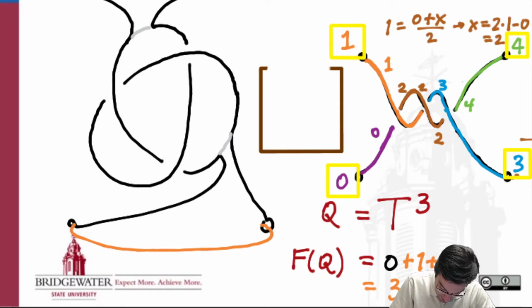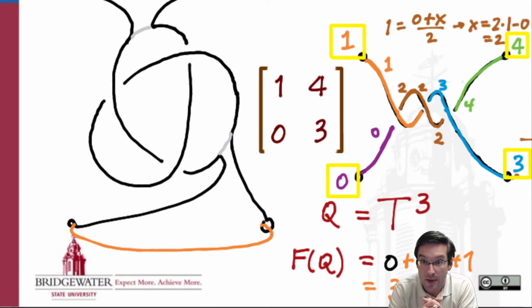It's supposed to be good news, but it always feels like bad news initially. So we have this matrix 1, 4, 0, 3 that we think is a way of representing this rational tangle just by encoding what are the colors that I get at each of the four corners after I do this integer coloration process.